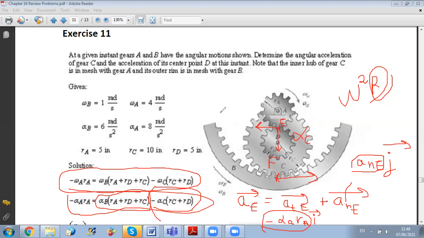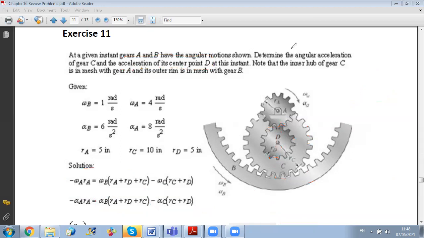Now, in particular here, they asked you for the acceleration of the center point D. We want to calculate the acceleration of D. In order to calculate it, we have calculated alpha C and omega C, so now we know the values of omega C and alpha C. And the question is how to find the acceleration of point D.